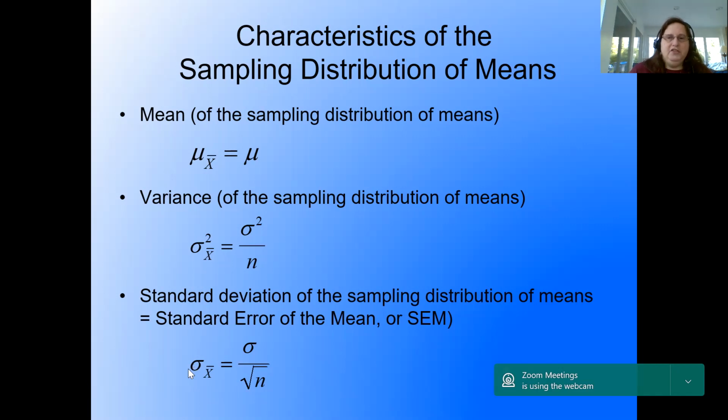Well, the standard deviation of the sampling distribution of means of the X bar equals the standard deviation over the square root of the sample size. So the formulas aren't bad. Once you can actually read through them and understand what they're saying, taking sigma squared over n, or more commonly taking sigma over the square root of n, is not a very in-depth formula. It's just a matter of getting a handle on what we're doing there.